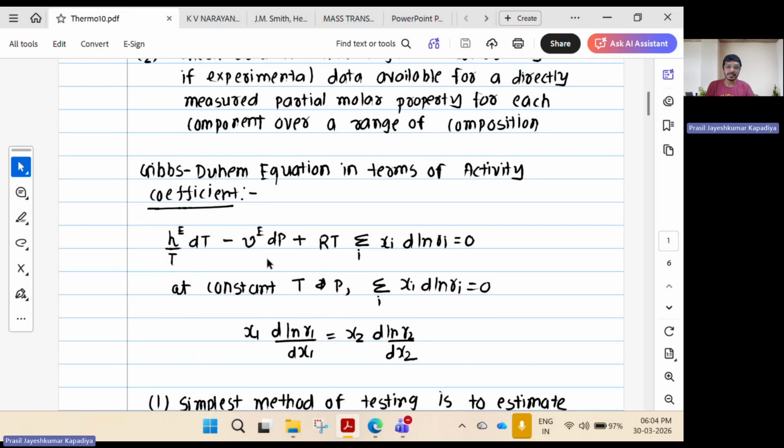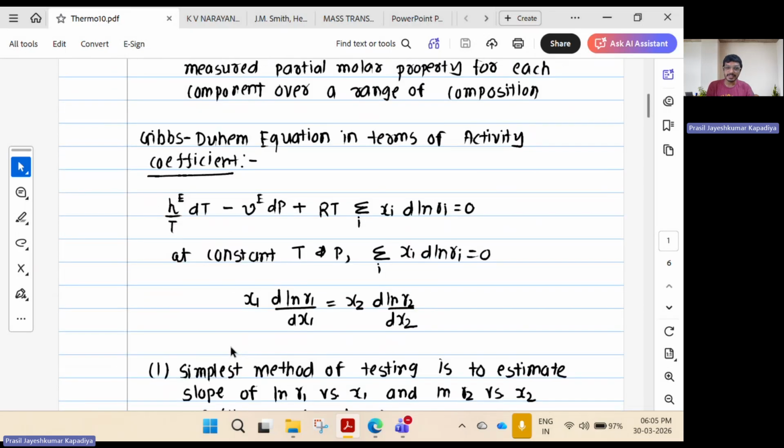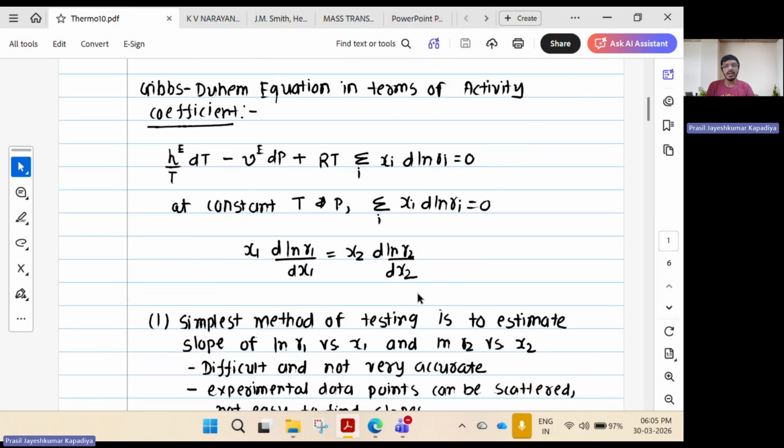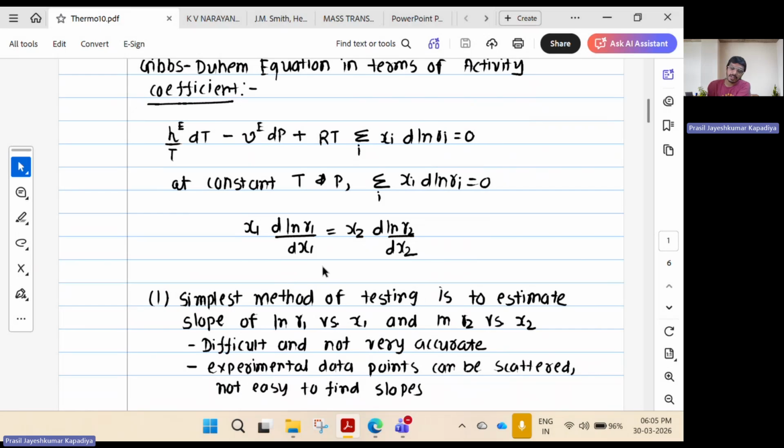At constant temperature and pressure conditions, the first two terms will be 0, so we are left with summation xi d ln gamma i equals 0. From that we have the equation x1 d ln gamma 1 by dx1 equals x2 d ln gamma 2 by dx2. This is what we found in the last class.